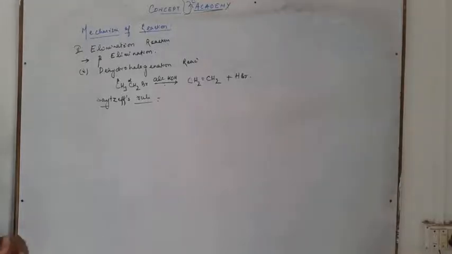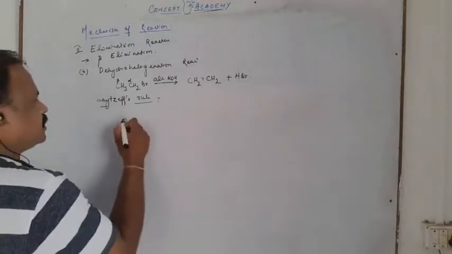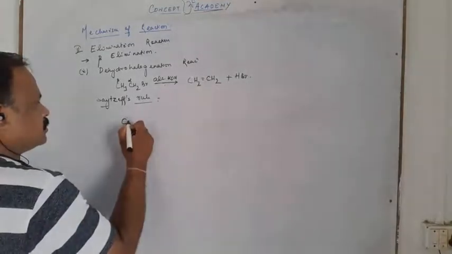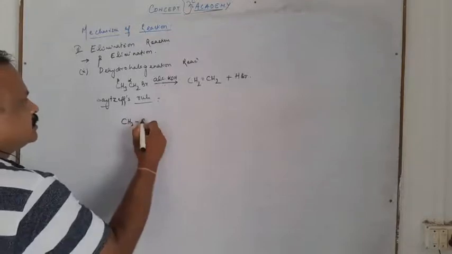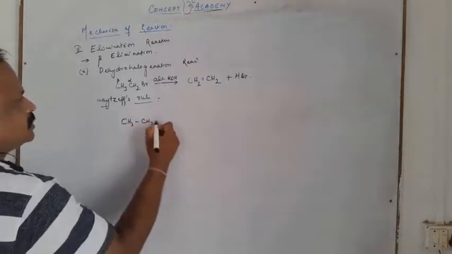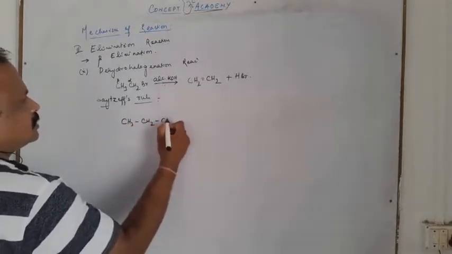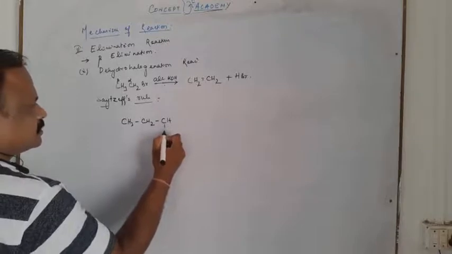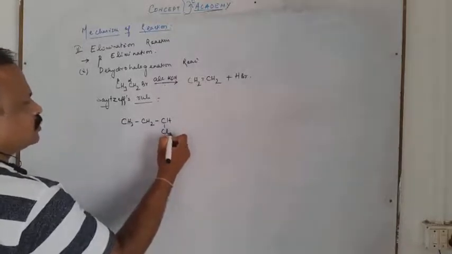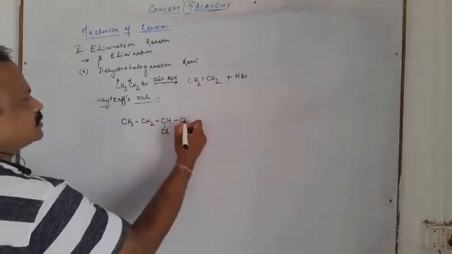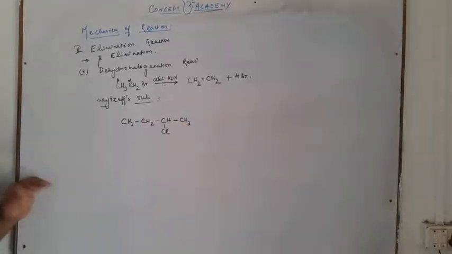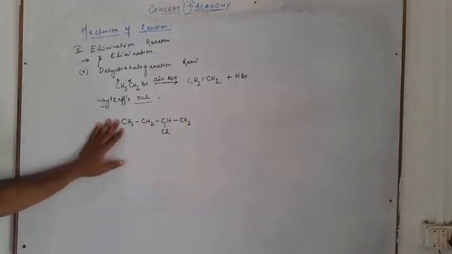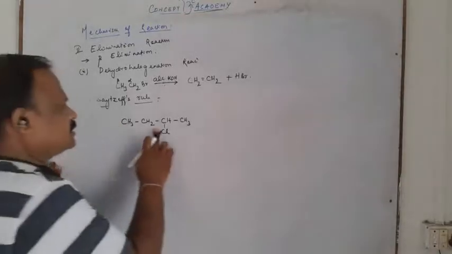Okay, suppose let us take for example two carbon atoms, CH3CH2CH with chlorine here and CH3 here. Now which one is alpha here?